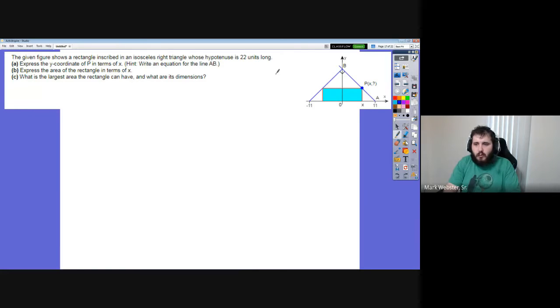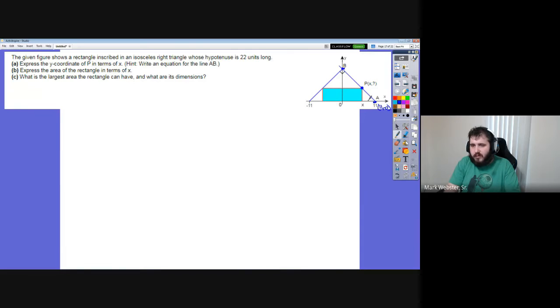So let's start with what's the actual equation of this line here, AB, right? Because if I know the x coordinate is x, I can find the y coordinate by just, well, what's the y equals, right? So they give us a point right here, the point (11, 0), right? And we need the slope.